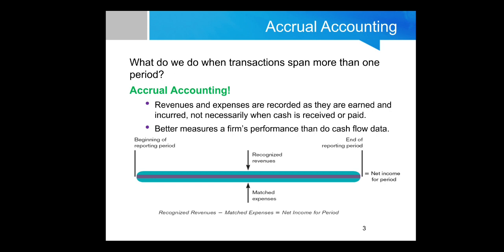You receive the bill, but you will pay the electricity bill next month or next year. You will pay on the 5th of January. This transaction involves two accounting periods, this year and the next year.